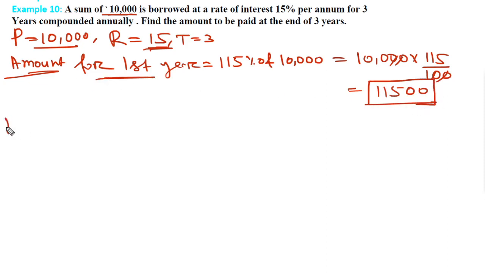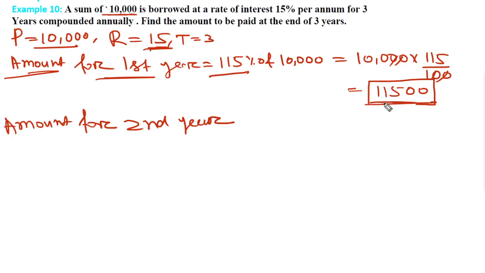Then we will move to amount for second year. Which will be equal to again 115% of, the new principal. So 115% of 11,500.